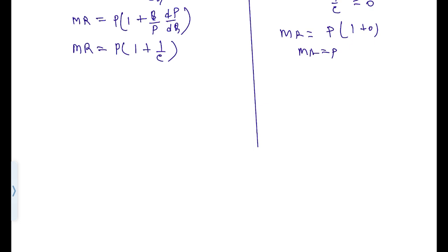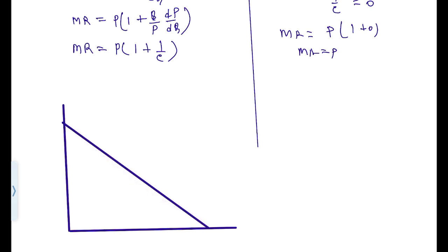For example, I am drawing a graph. This is our demand curve, and this is our marginal revenue curve. Here you can draw a line where marginal revenue is 0. At the point where marginal revenue is 0, elasticity of demand is equal to 1.